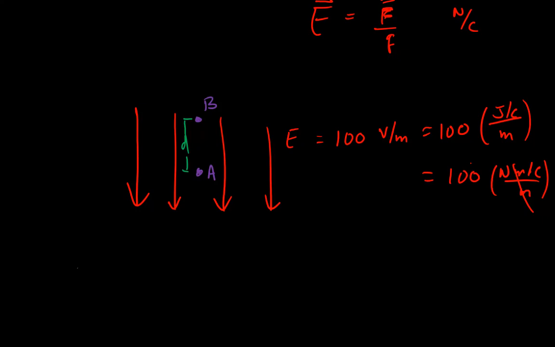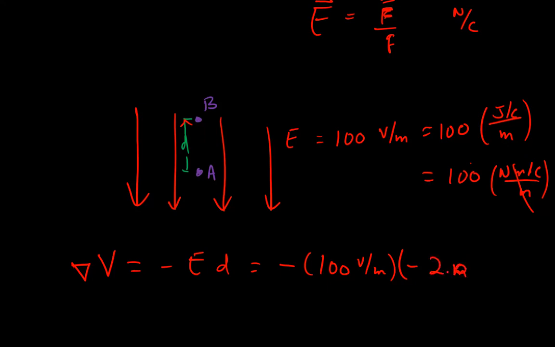Based on the equation we just saw, change in voltage is equal to minus electric field times distance parallel, which would be minus 100 volts per meter. The distance parallel, this was anti-parallel because it moved that way. So it'd be minus, and the distance was 2 meters for Aaliyah's case at least.